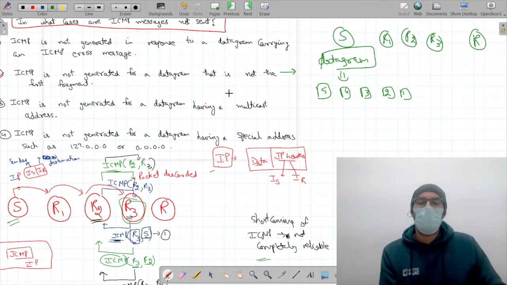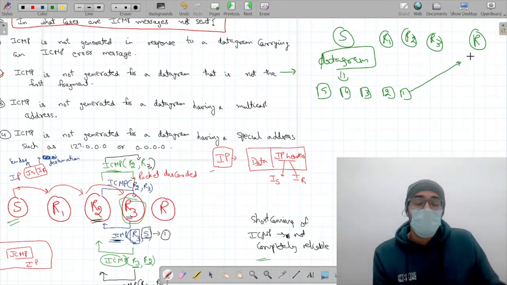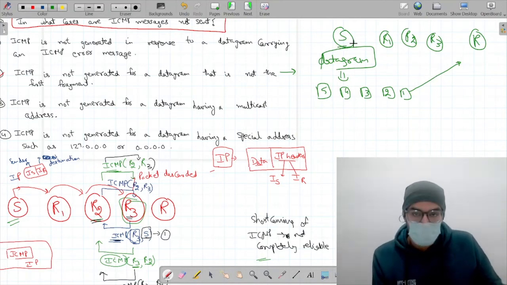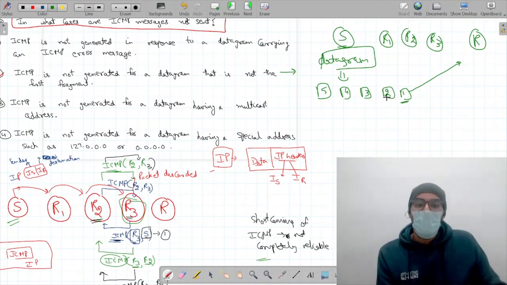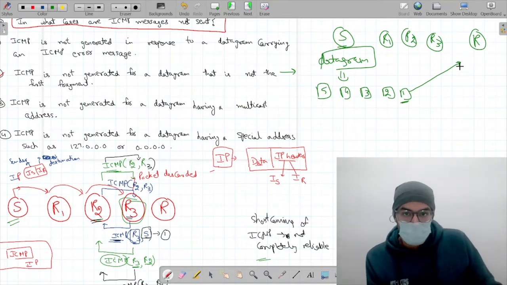There can be a lot of fragments. When fragment 1 reaches R, and if it is discarded by the receiver R, then only I am going to send the ICMP message to the sender that I have discarded your first fragment. And for all the remaining fragments, even if they are discarded, I am not going to send the message.